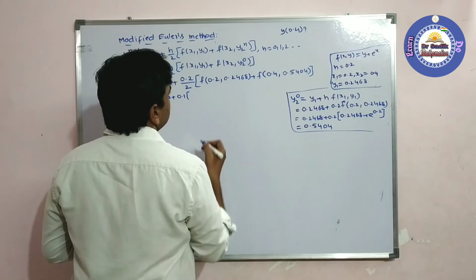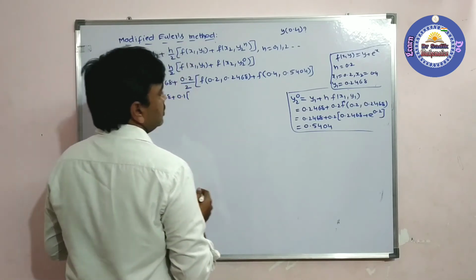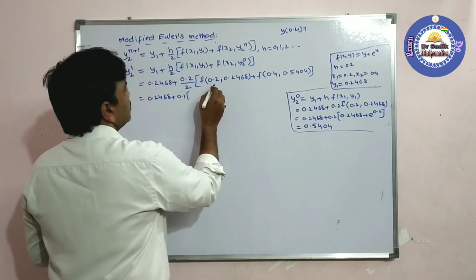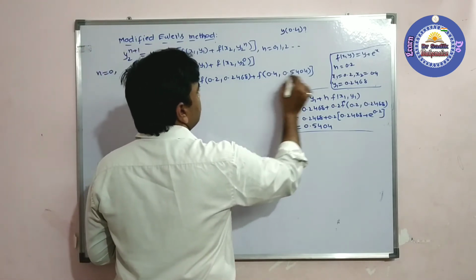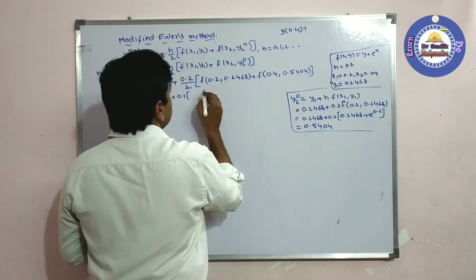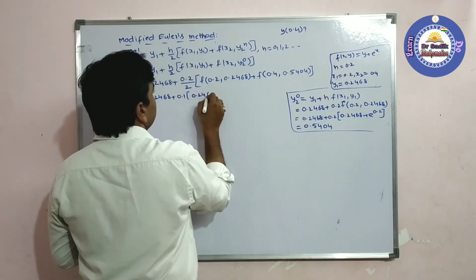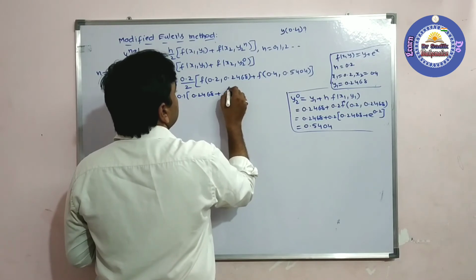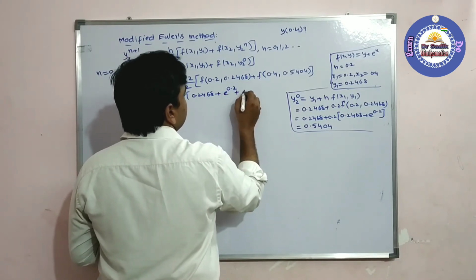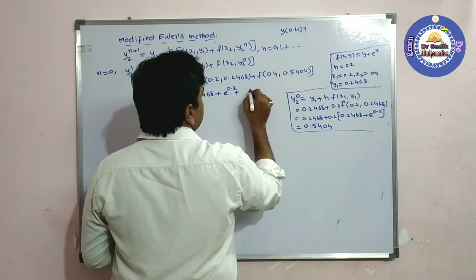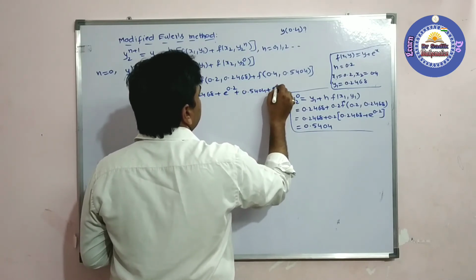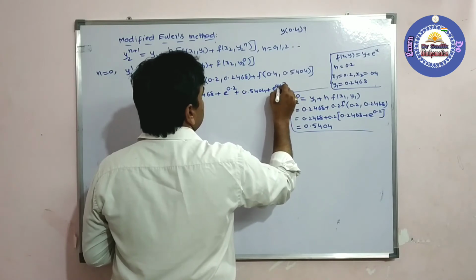I want to find f of xy here. So y is here 0.2468 plus e power 0.2, and here the y value is 0.5404 plus e power 0.4.